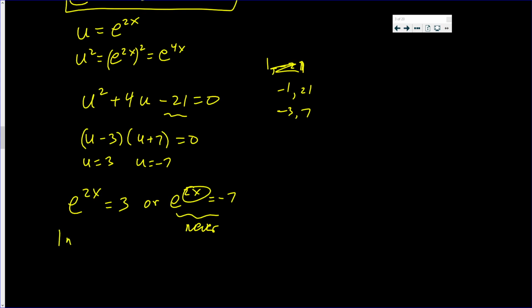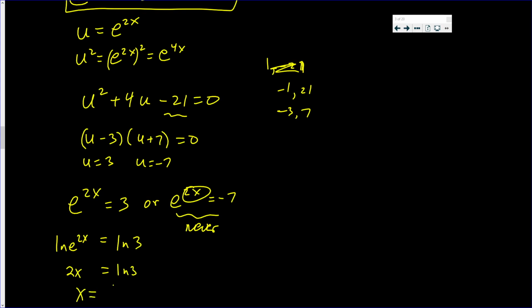If I take ln of both sides, the left side is 2x and the right side is ln 3.